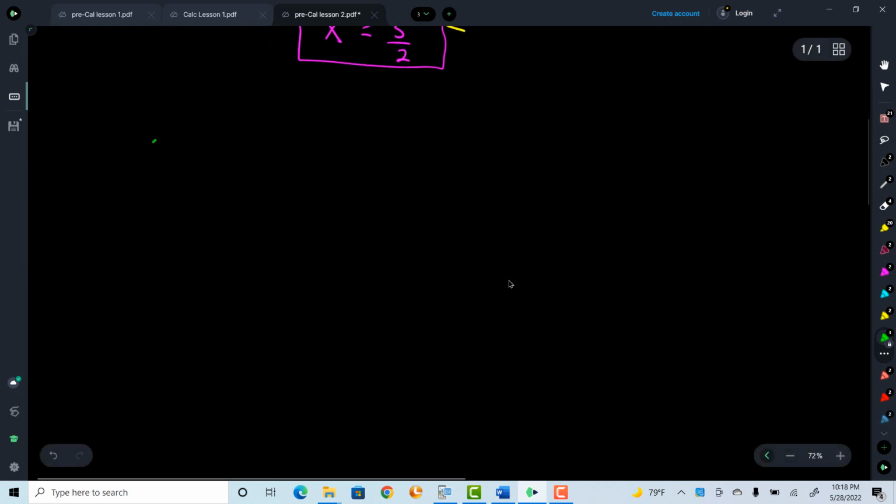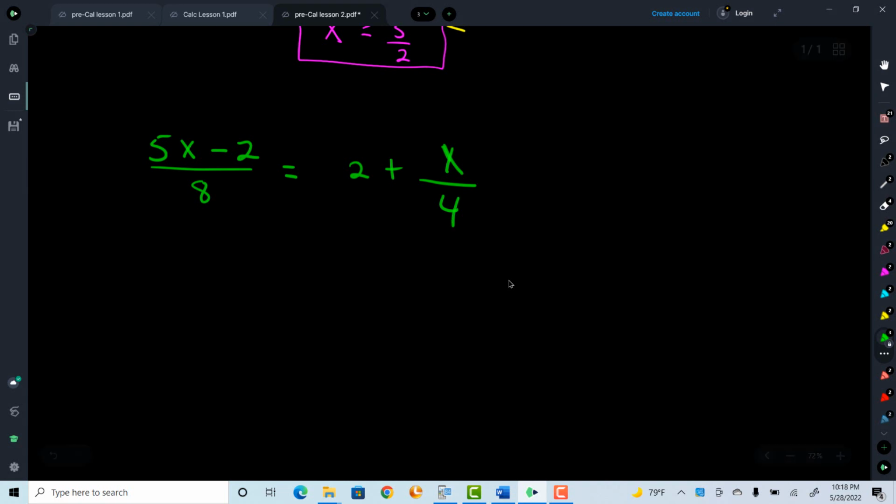Let's say that we have 5x minus 2 over 8 equals 2 plus x over 4. So let's try to solve that one. Okay, so this one's a little trickier. So the first thing I want to do is get rid of those denominators because they're kind of making it messy and ugly looking, right?